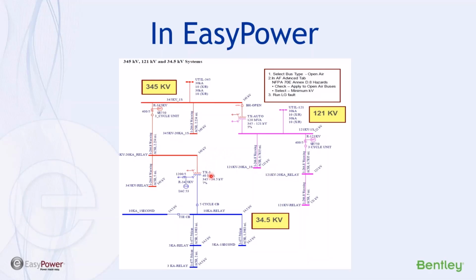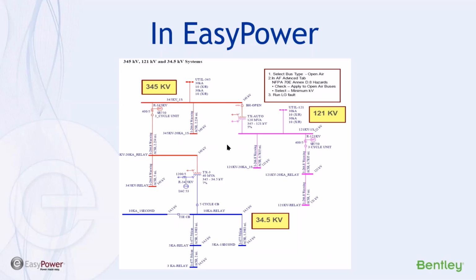And you'll be surprised how well it matches that chart we just pulled out of the NFPA 70E format. So any questions? I apologize, I was quite the nerd when I walked through this by hand, but it convinced me that it's much easier just to use EasyPower.